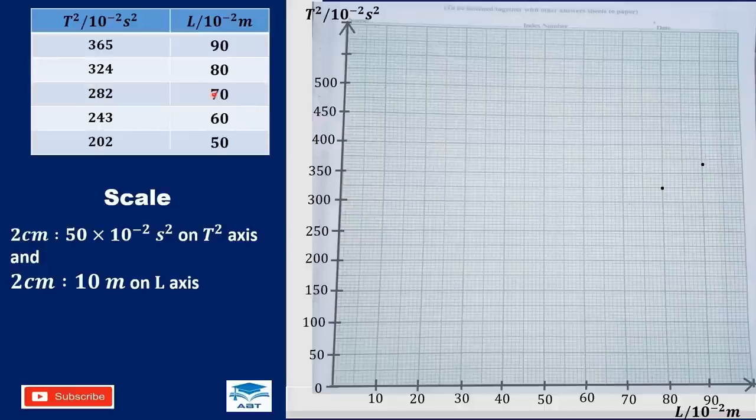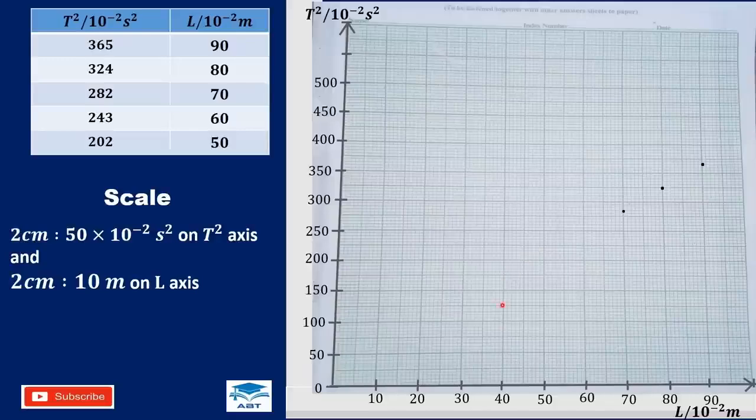The next point, we have 70 on the horizontal axis, 282 on the vertical. This is 200. This is 250. So 255, 260, 265, 270, 275, 280, 282 will be in the next box.